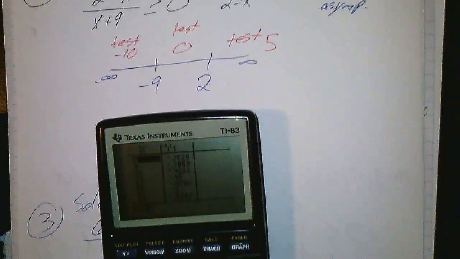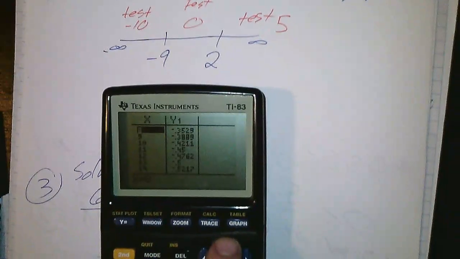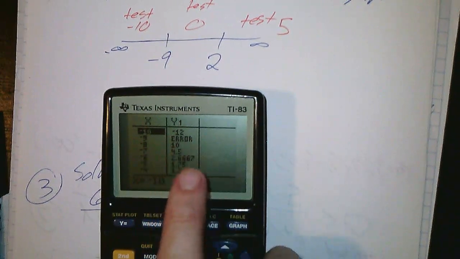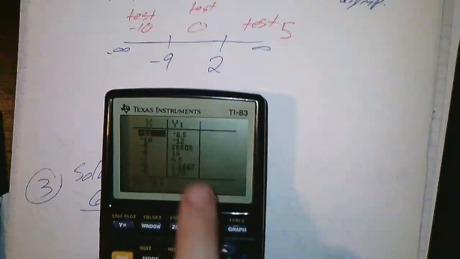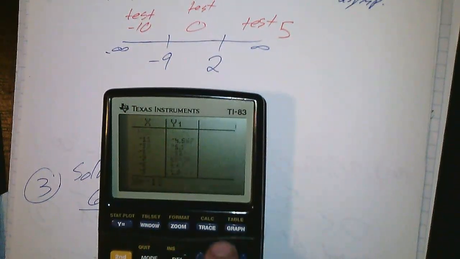When we are to the left of -9, like -10, go all the way up. Again, there's the error for the asymptote. But after -9, to the left of -9, all of these values will be negative.